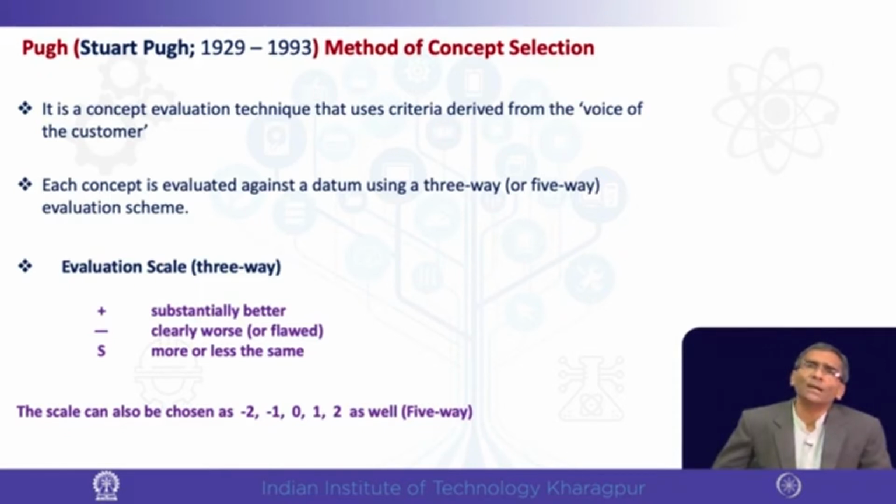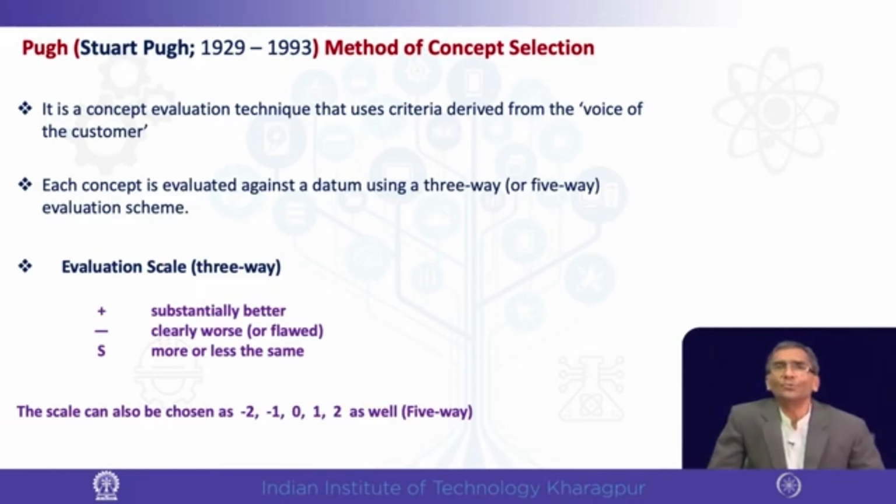It may be 1, which is substantially better, same or without any change, either S or we can put 0, and which is clearly worse or flawed can be put as -1 or just minus. So, either plus, minus, S or sometimes 0, or +1, 0, -1, whatever the symbols we use, that is a three-way.